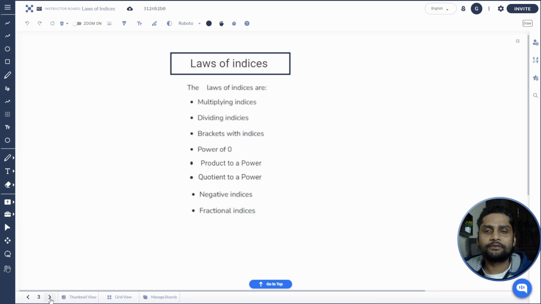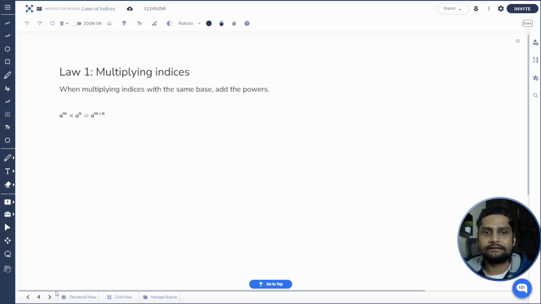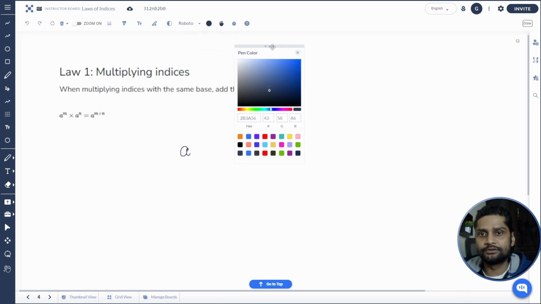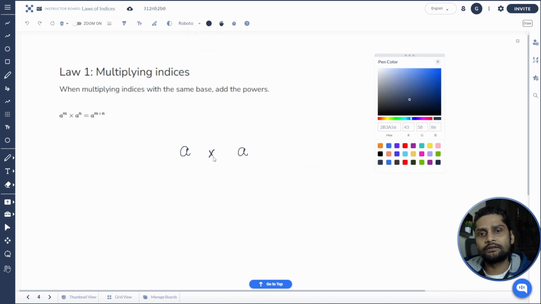Let's begin with the first rule, which is called multiplying indices or product law of exponent. So students, let's say we have two exponential terms. They both have the similar base. For example, we have a and a, so they both are similar in both the terms. And now we can consider the exponent of the first term to be m and the exponent of the second term to be n.